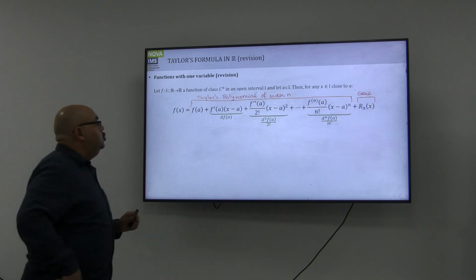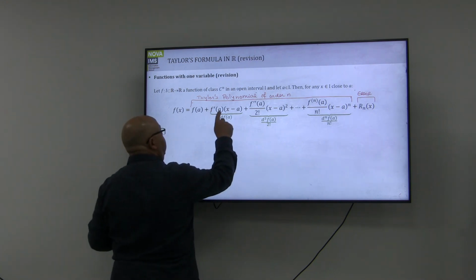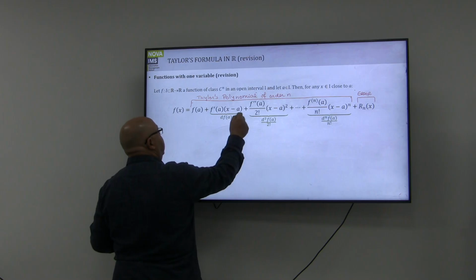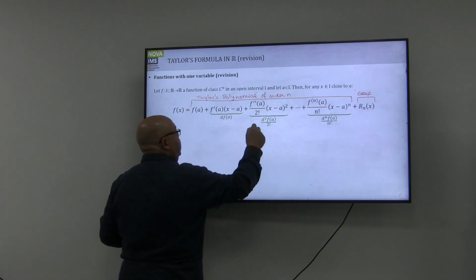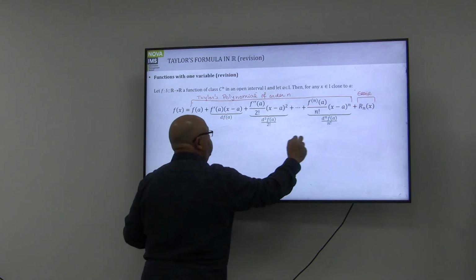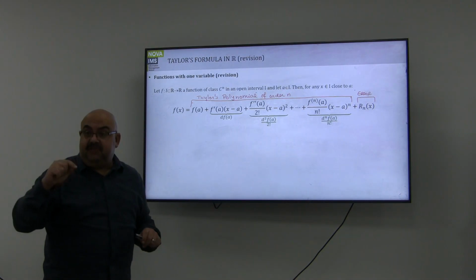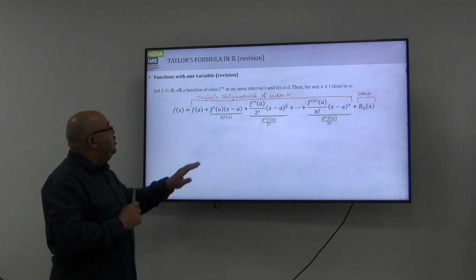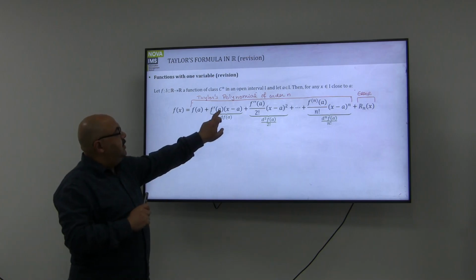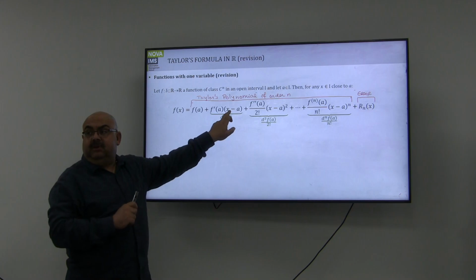Also, I want you to remember that f dash a times x minus a is called the differential of the function of first degree. That's the second degree differential, and that's the nth degree differential. The differential is the derivative of the function at the indicated point times x minus a.